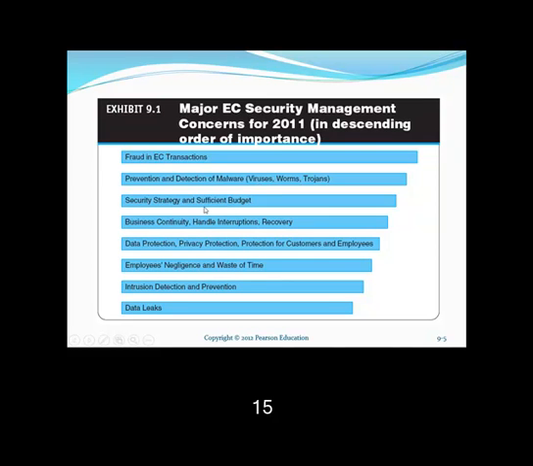And then security strategy and sufficient budget, business continuity, handling interruption and recovery, meaning that when a disaster or security problem occurs, how the business can survive or continue with the attack that they need to handle. And then data protection, privacy protection, employees' negligence and waste of time, the commitment of the employees also. And then intrusion detection and prevention, and the last one is data leaks.